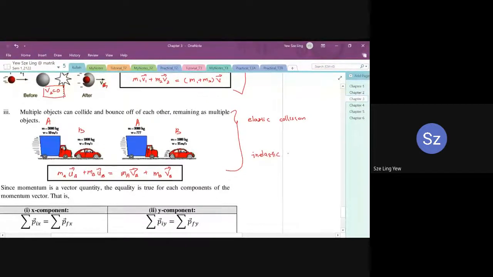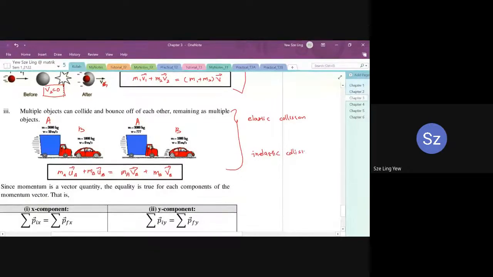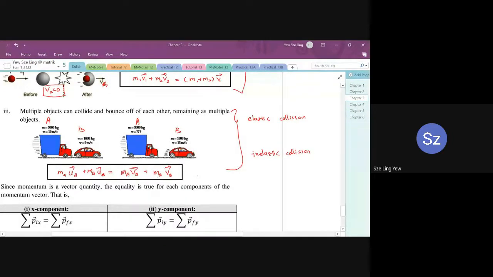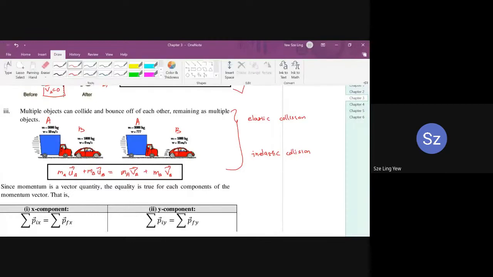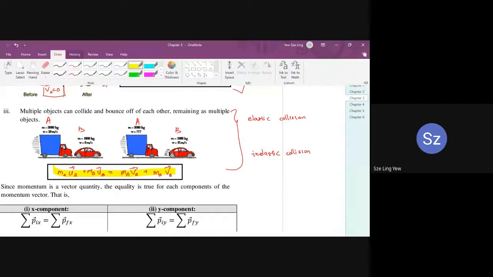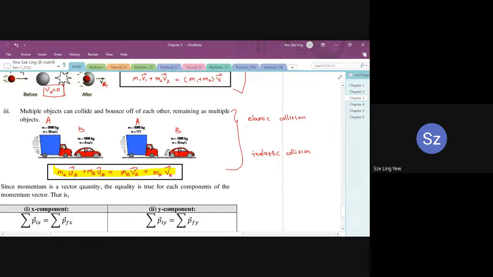So do not see that they are not stuck together and immediately assume inelastic. That is a misconception. Even though both use the same equation, there is one difference between these two types of collision, and that is how we check whether the collision is elastic or inelastic.